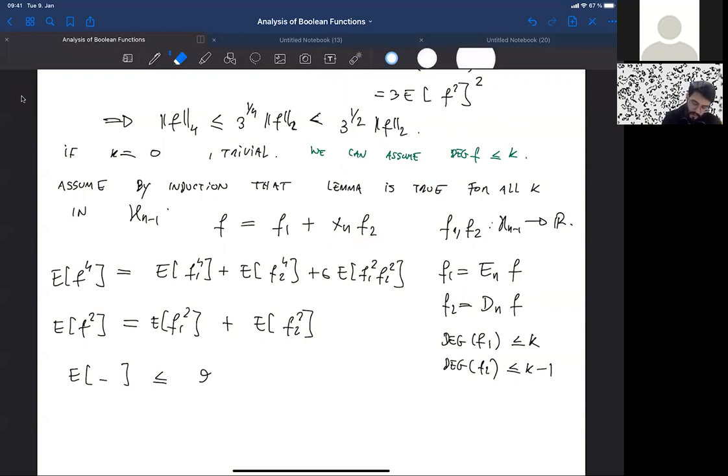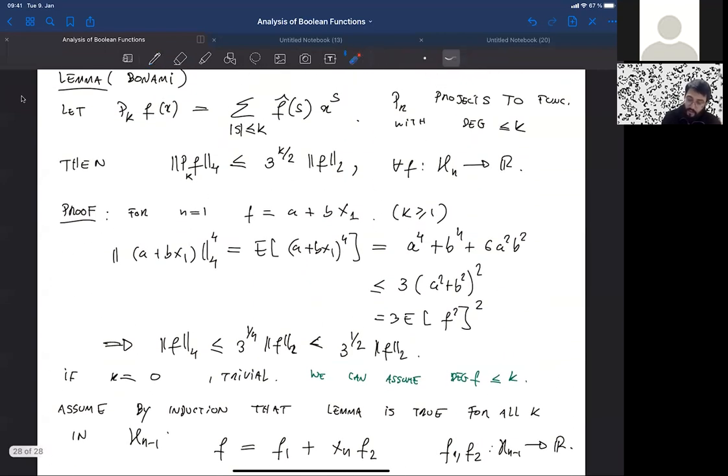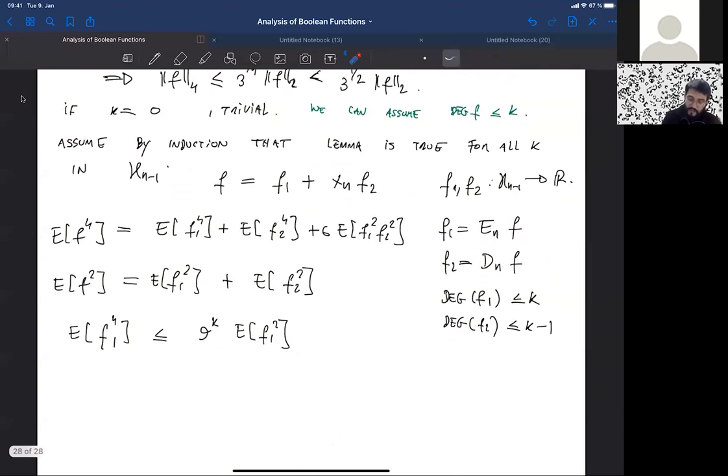Okay, so what's the expectation of f1 to the fourth? Then you use induction. This would be just bounded by this thing, by induction. So we assume the result. That means that if we raise this to the power 4, this would become 9^k, and this would become just the expectation of f squared.